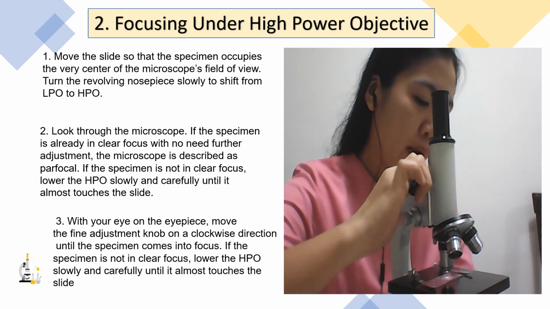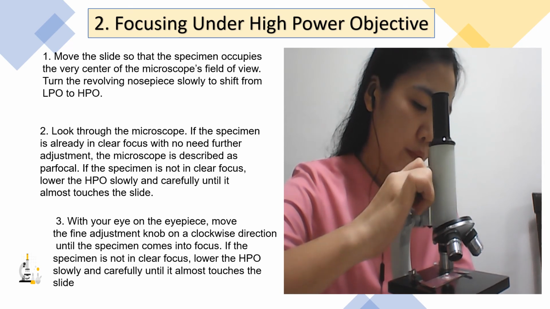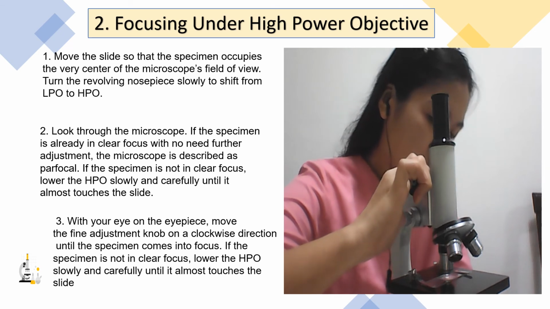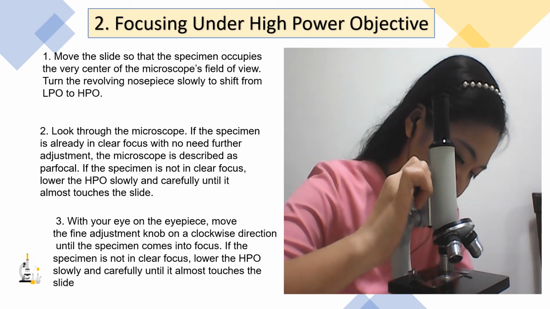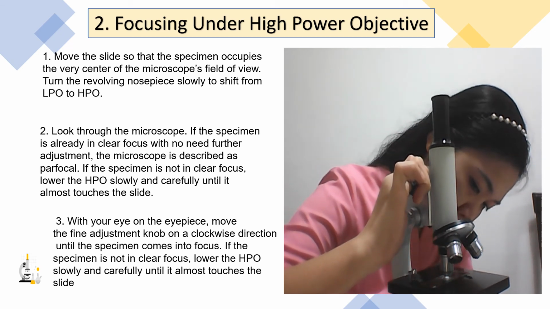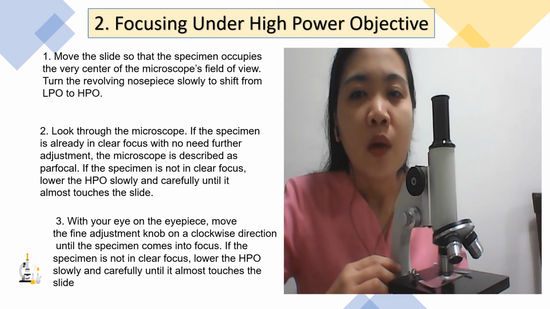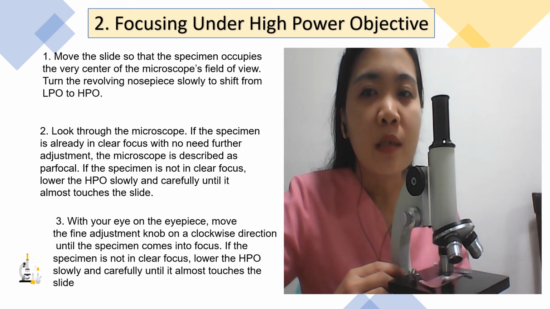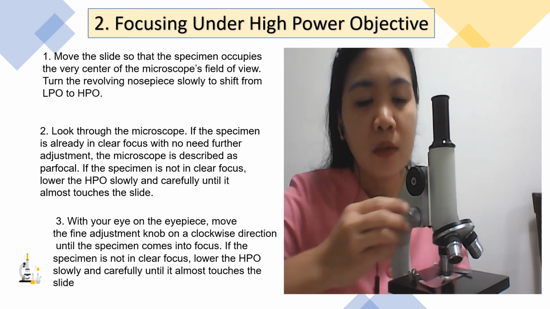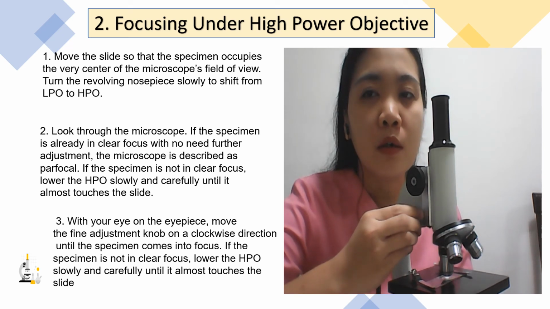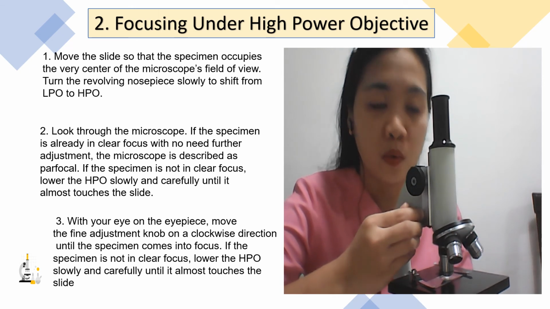Carefully lower the body tube. Okay, that's it. With your eye on the eyepiece, move the fine adjustment knob in a clockwise direction until the specimen comes into focus.